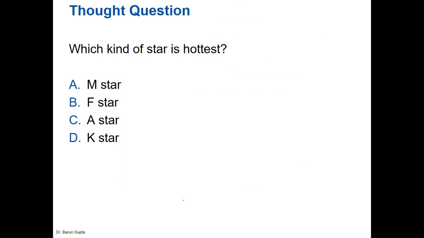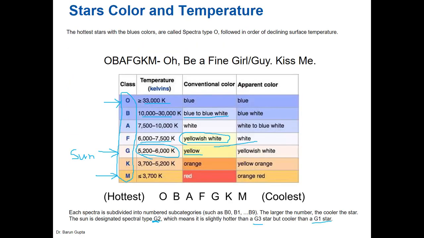Now let's go through some thought questions. Which kind of star is hottest? M star, F star, A star, or K star? In order to answer this question, I would like you to go back here. This is the hottest and the temperature decreases.